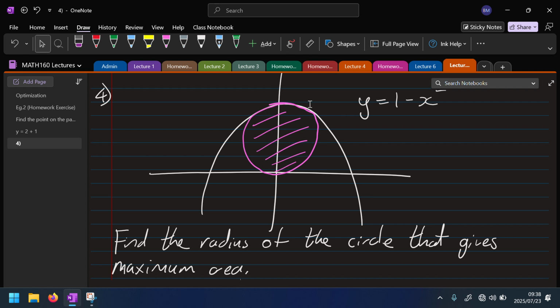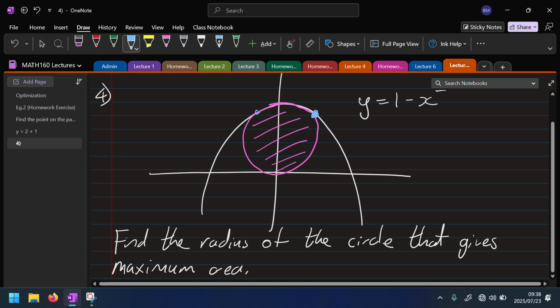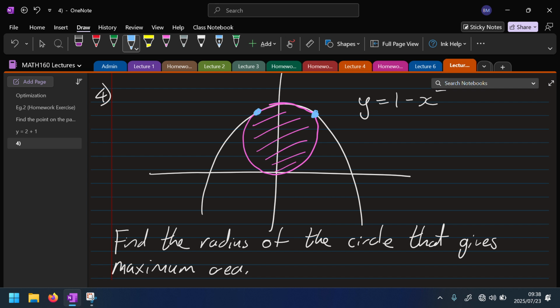Yes, where they touch. There's going to be one over there, one over there. They're going to touch at the 2 points there. Good. So we've got these 2 points. Technically, we only need 1 to find the radius, but that's fine. So we've got the 2 intersection points. Where would the center of the circle be? It's not halfway. It's a little bit down.